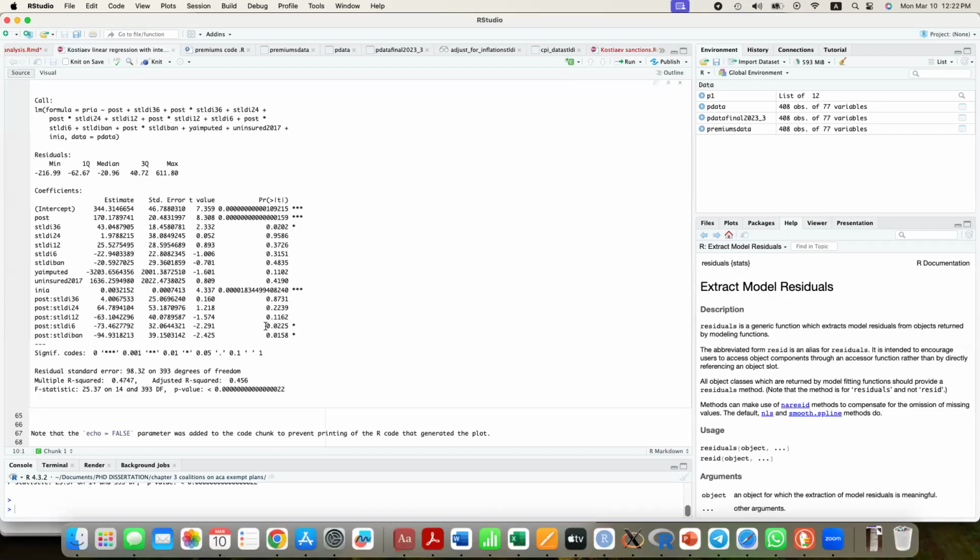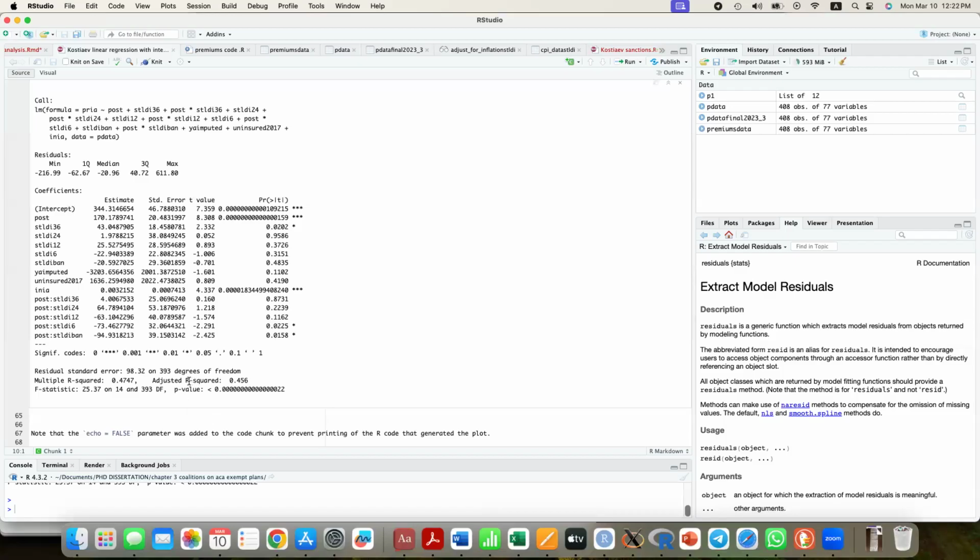Yeah, 95%. And the way we interpret it, again, we know it's dollars, is that premiums in states which allow short-term plans for 6 months are lower by $73 than in states which allow them for 3 months. So this is how you interpret it.